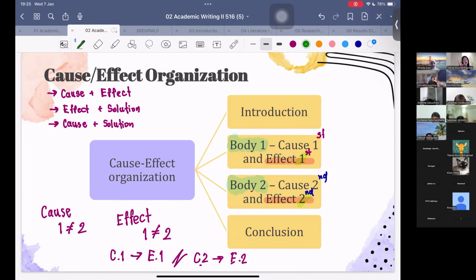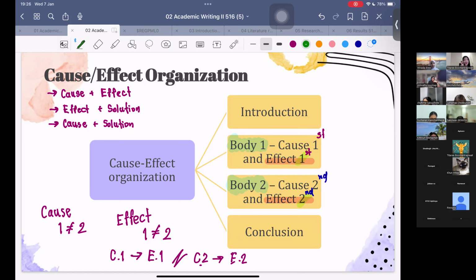After I discuss cause number 2, I follow with the details about effect number 2, which is the result from cause 2. So effect number 1 and 2 are totally different. They should be different. If it's the same thing, it would be better to combine cause 1 and 2 together.